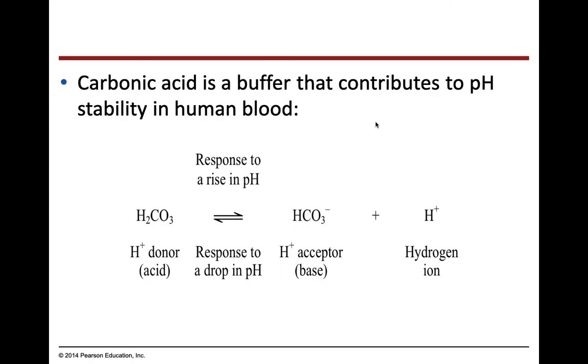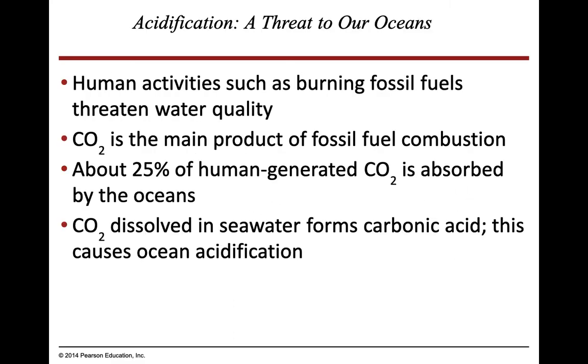So for example, if you are exercising pretty frequently, carbonic acid is a buffer that's going to cause some stability in the human blood because you might be accumulating acids as a result of anaerobic respiration. So we can use this molecule to create more hydrogen ions to balance out the pH.